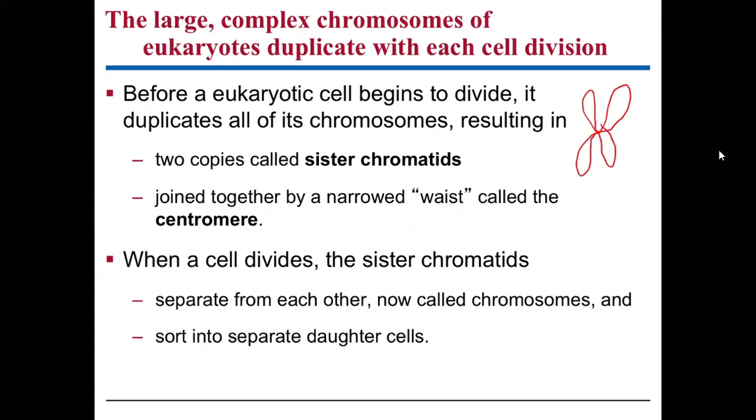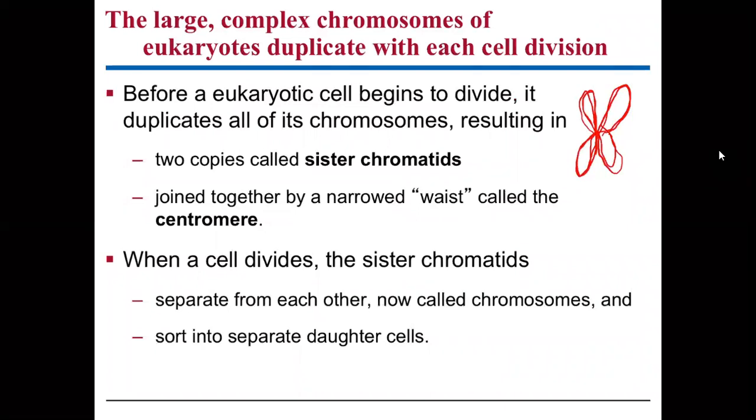This is actually a duplicated conformation, and this portion is the exact copy of this portion. These copies are called sister chromatids, or to be more accurate, twin chromatids, because they're genetically similar.